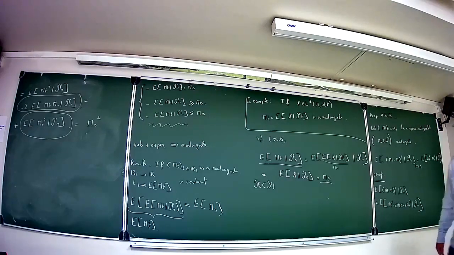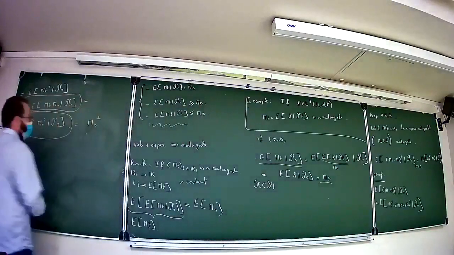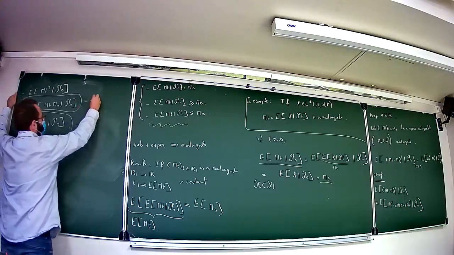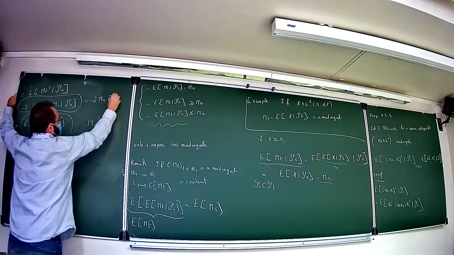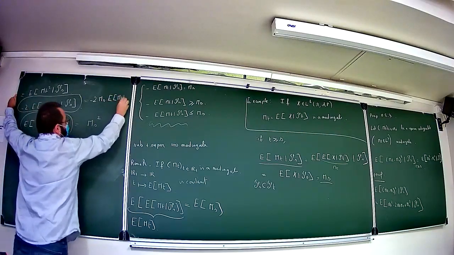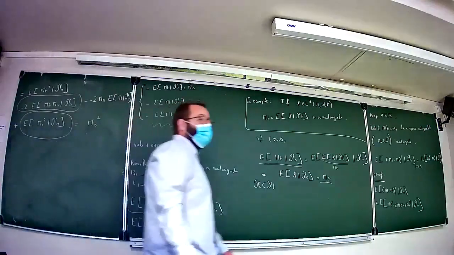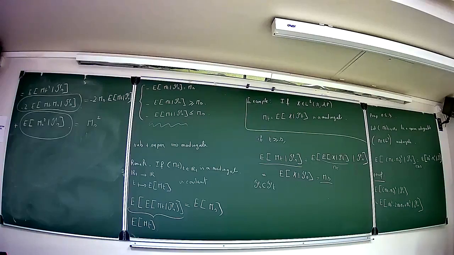So I can remove from the conditional expectation the term that is F_S measurable, that is M_S, and I obtain minus 2 times M_S times the conditional expectation of M_T given F_S. For the moment, I have used only the properties of the conditional expectation and the fact that my process is adapted. It's here that I will use the fact that I have a martingale: the conditional expectation of M_T given F_S is just M_S.